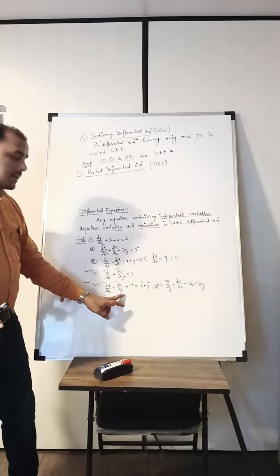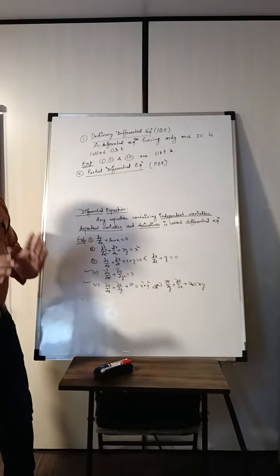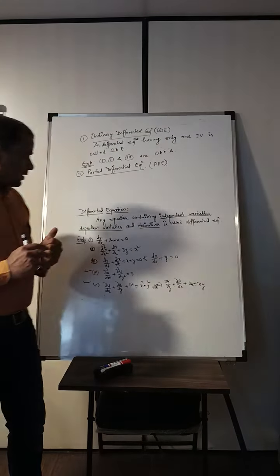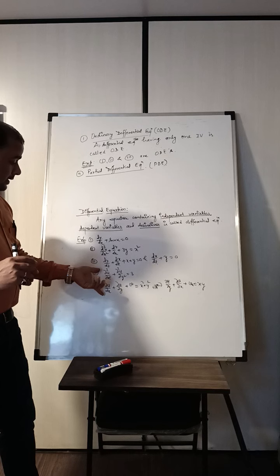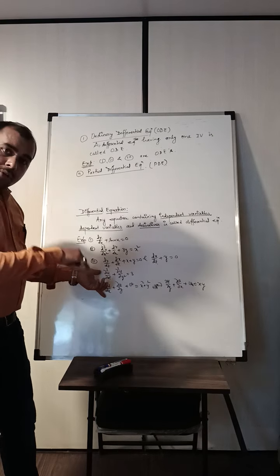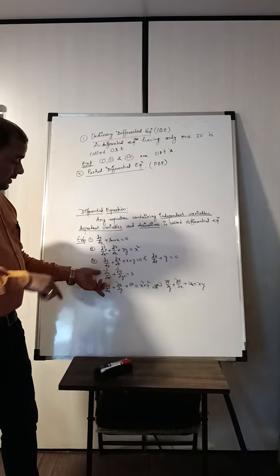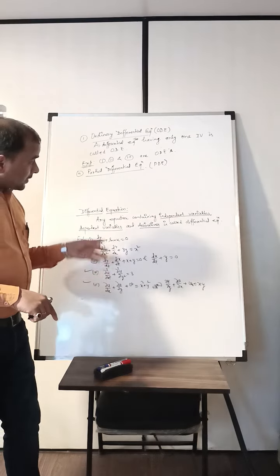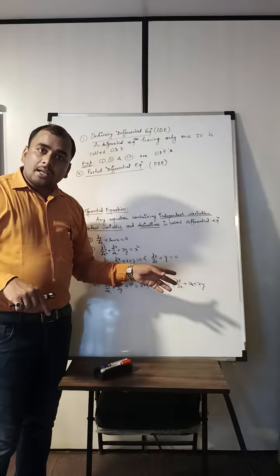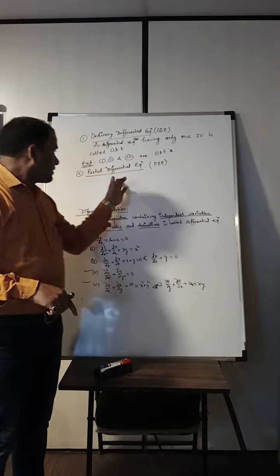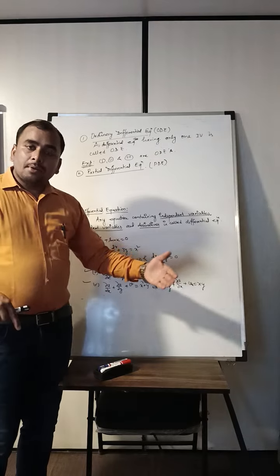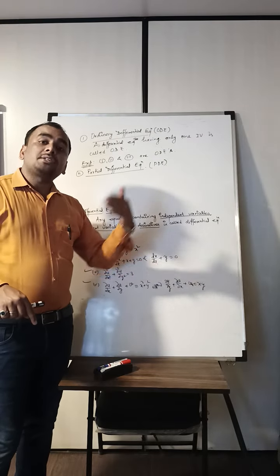The number of independent variables is more than 1, and hence partial derivatives occur here. That means a differential equation is called a partial differential equation if it has more than one independent variable or it has partial derivatives.